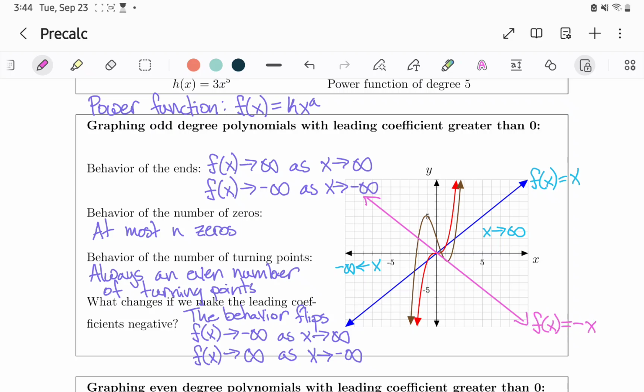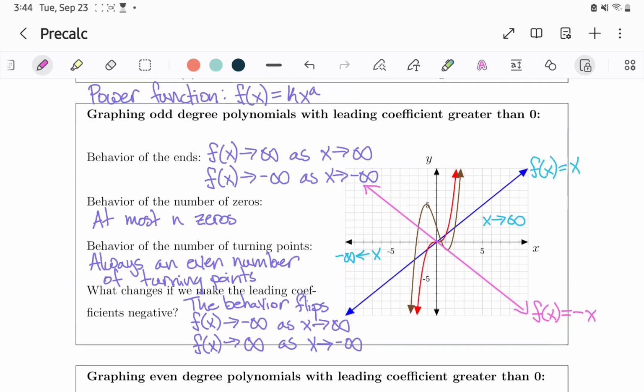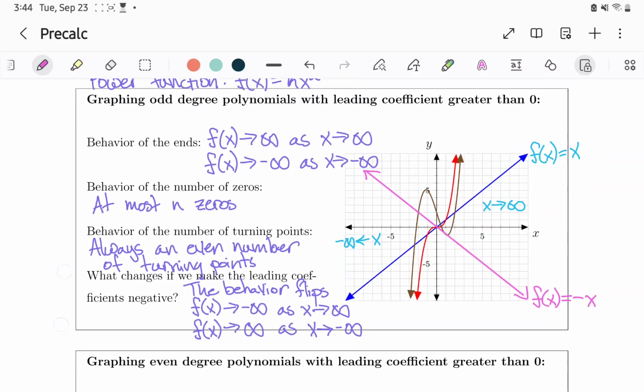So again, if the value of the leading coefficient changes from positive to negative, the end behavior is just going to flip.